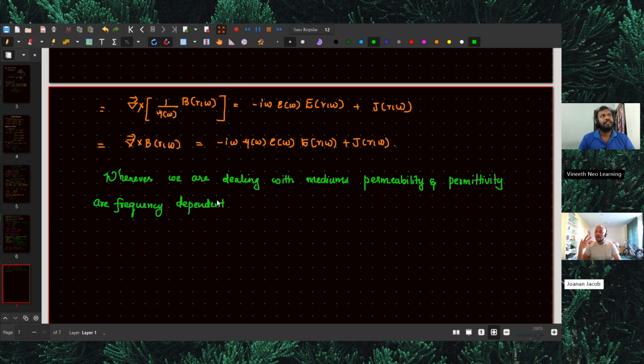So why can't we have a metal tube that can transmit all types of frequency? Because metals can only handle certain types of frequencies without attenuation. This attenuation and all those things depend upon epsilon of omega and mu of omega, the permittivity and permeability. Since they are frequency dependent, these structures are made to handle certain frequency ranges.